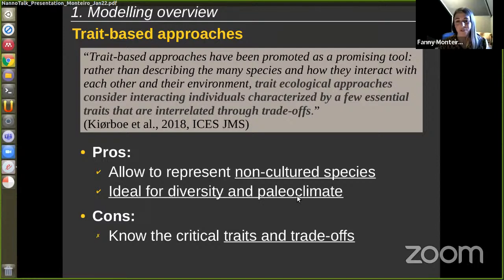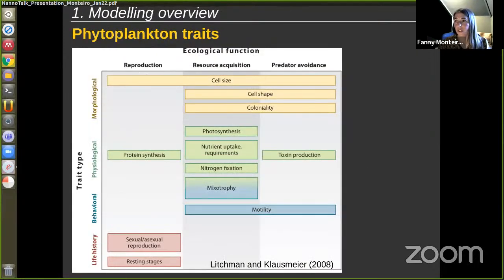I'll explain that further. The issue with that approach is we really need to know what are the critical traits and trade-offs, and that's not always easy. So what are the traits? For phytoplankton, Litchman and Klausmeier did a review in 2008 where they define morphological traits. So I talk about size, so that's a really important trait for plankton.